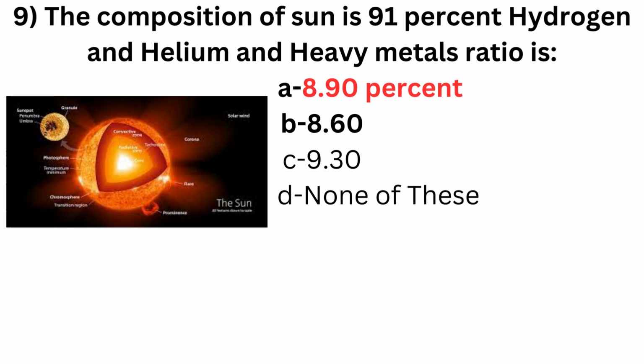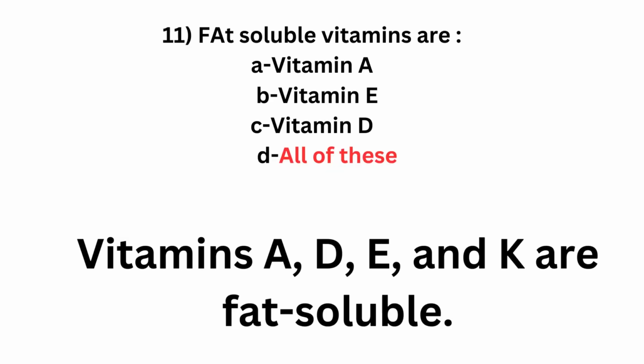The composition of Sun is 91% hydrogen and helium, and heavy metal also found. So it is 8.9%. And fat soluble vitamins are vitamin A, vitamin E, vitamin D, and vitamin K, while vitamin C and B are water soluble vitamins.